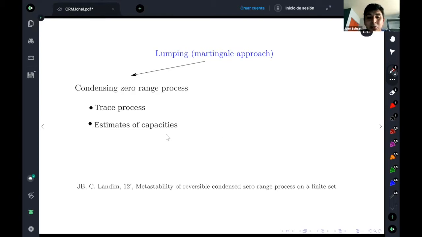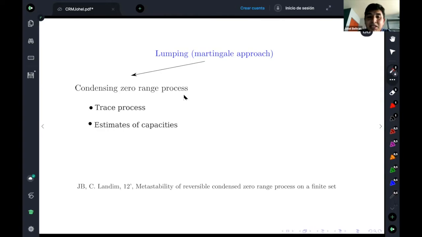And also we used good estimates of capacities. In that paper, in our first model, the zero-range process was reversible. So I think that capacities seem to be a very natural and very good tool for that case.